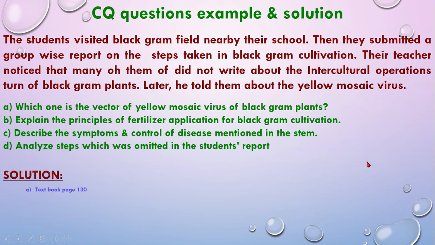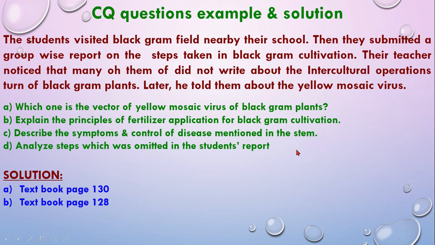For the first question, which one is the vector of yellow mosaic virus of black gram plants, you can get this answer on page number 130, and the answer will be white fly. Second question is: explain the principles of fertilizer application for black gram cultivation.